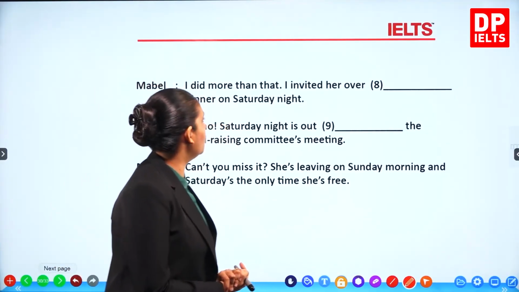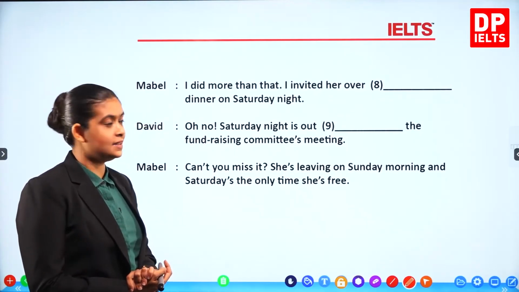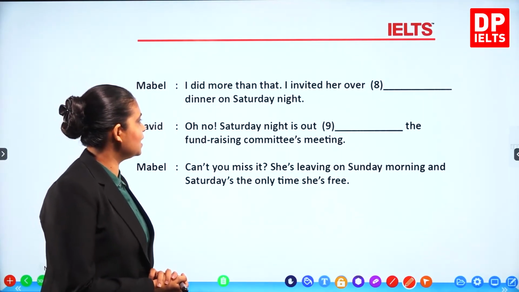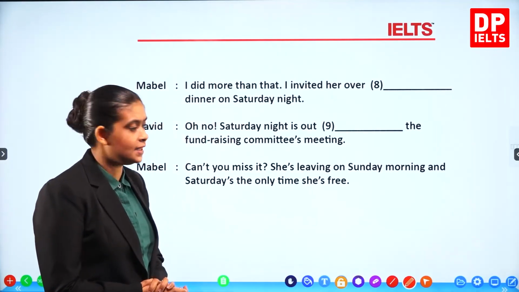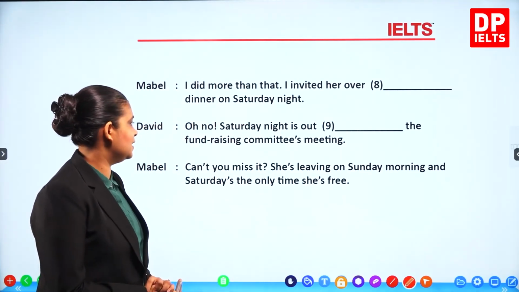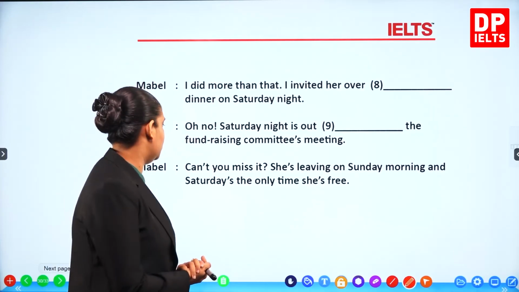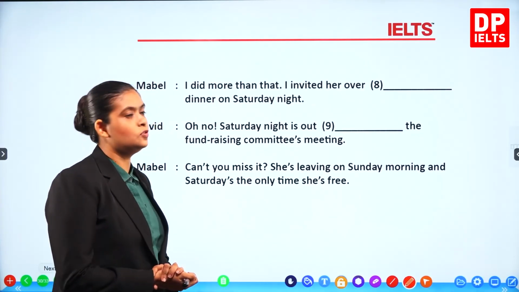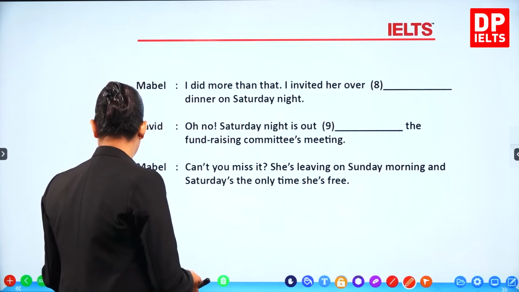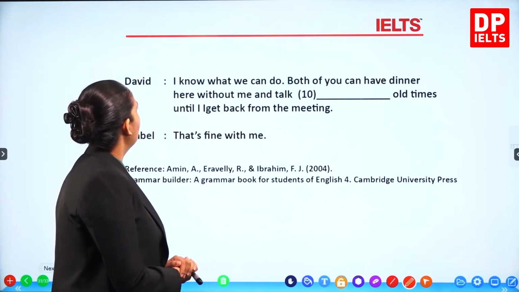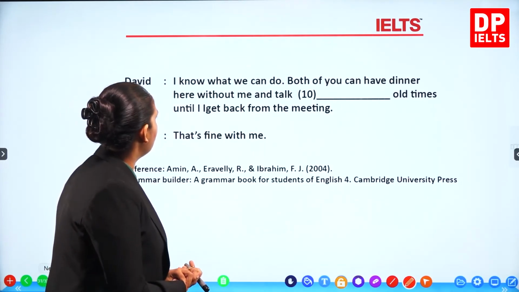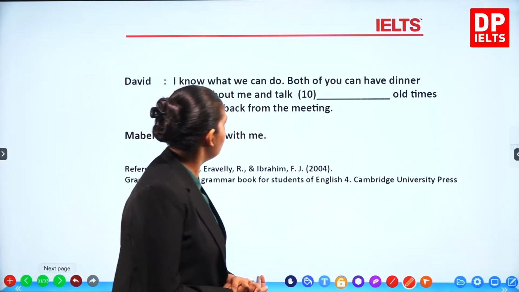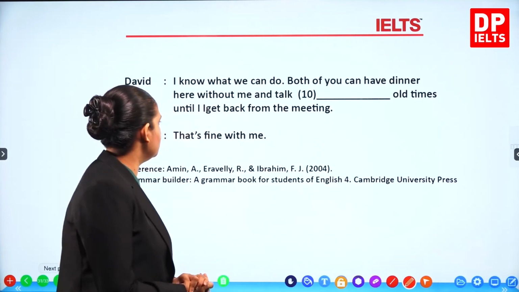I invited her over blank dinner on Saturday night. Oh no, Saturday night is out, the fundraising committee's meeting. Can't you miss it? She's leaving on Sunday morning and Saturday is the only time she's free. I know what we can do. Both of you can have dinner here without me and talk about old times until I get back from the meeting.